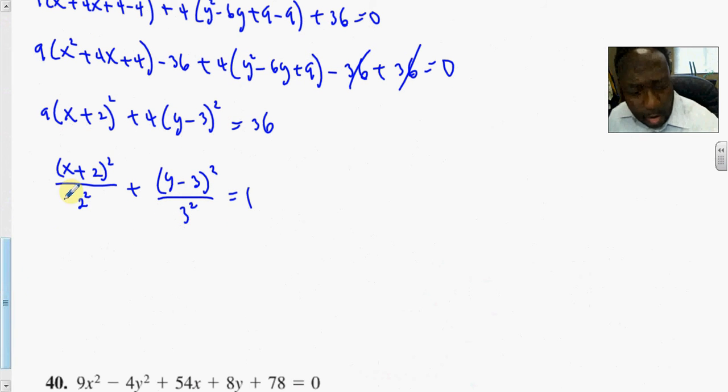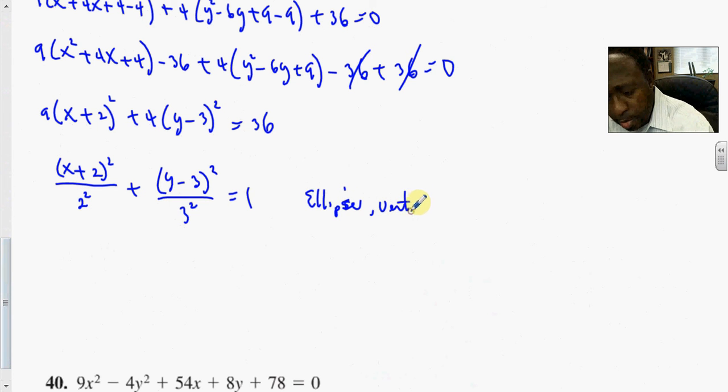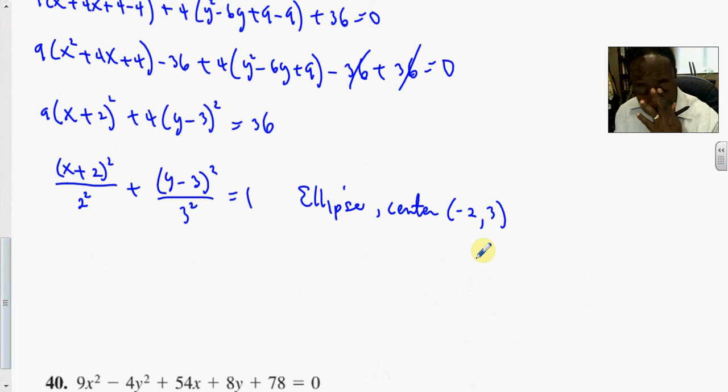So here, since both of the coefficients are positive, it's an ellipse, with center at (-2, 3).